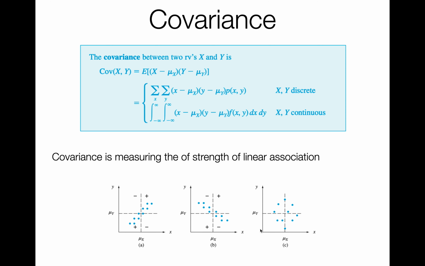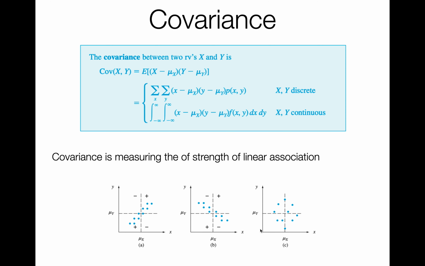We want to look at the magnitude of the number, and we also want to look at the sign of the number. It's going to give you one number out, and if the number is positive, then you have a positive relationship between the two random variables x and y.